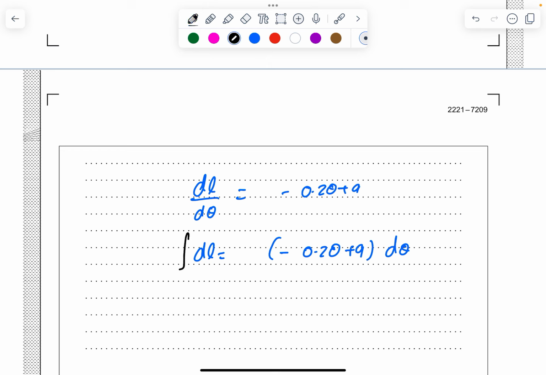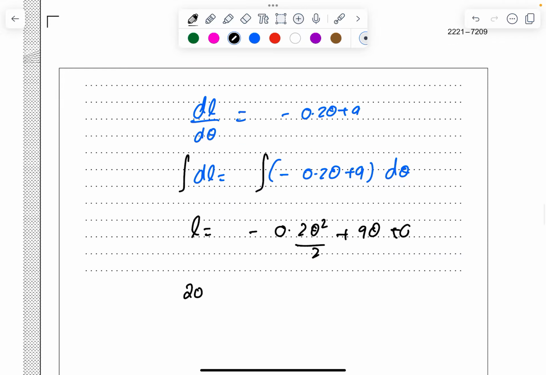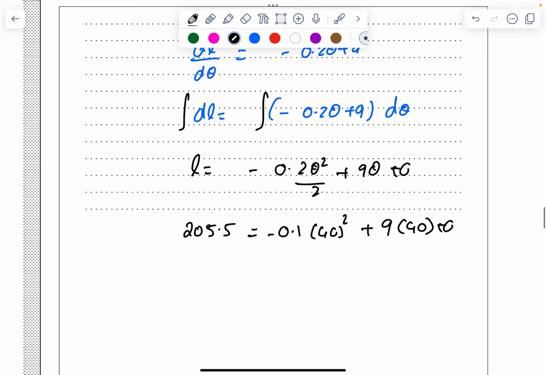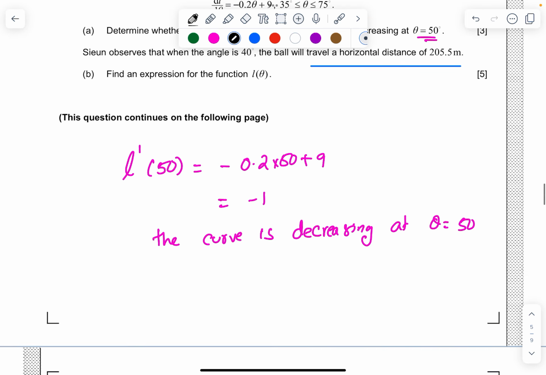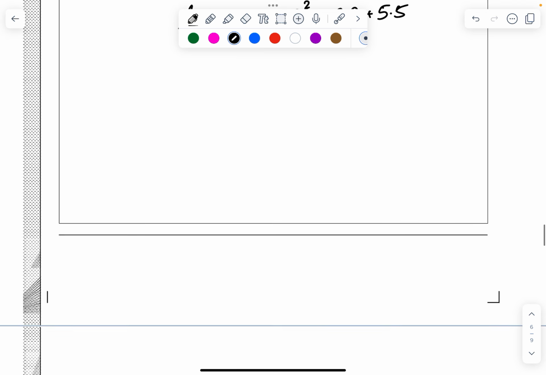Then do the integration. So, L equals minus 0.2 theta square by 2 plus 9 theta plus c. So this is 205.5 equals minus 0.1 times 40 square plus 9 times 40 plus c. So this gives me c value as 5.5. So L of theta is going to be minus 0.1 theta square plus 9 theta plus 5.5. That's part B.